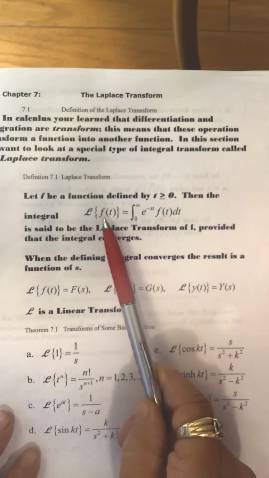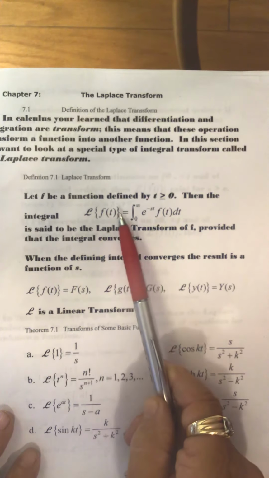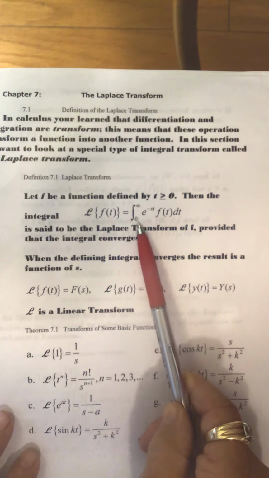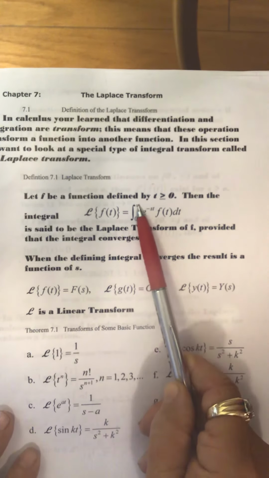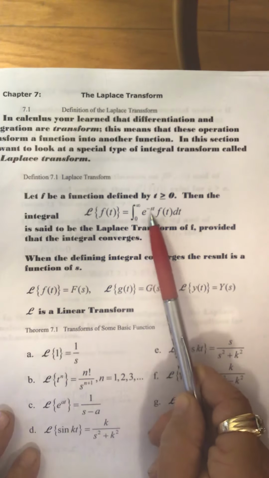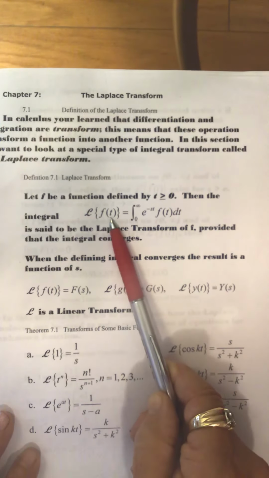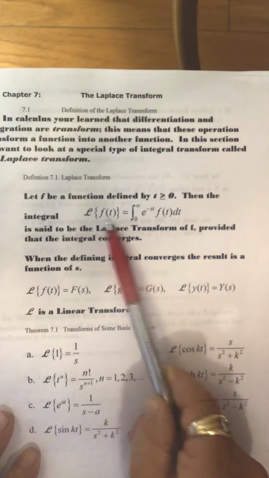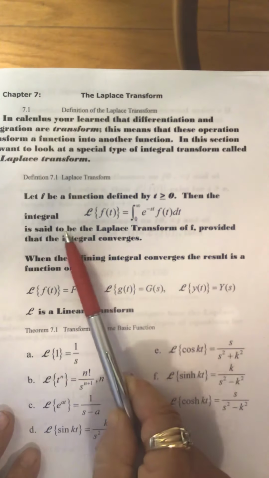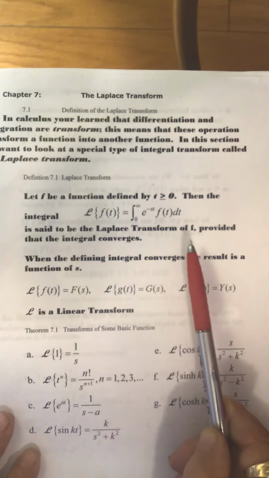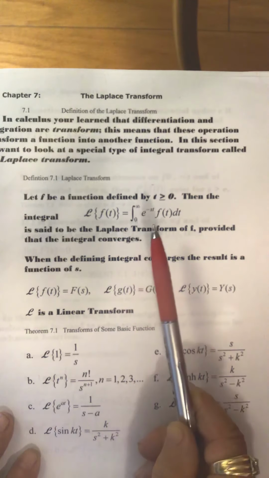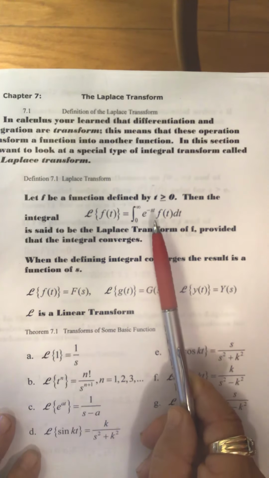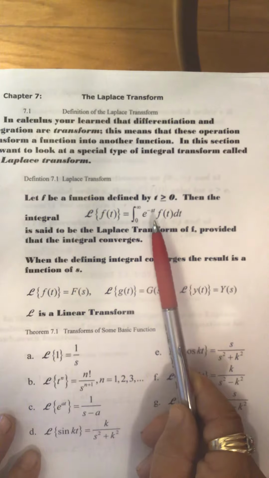Laplace, when you work on f of t, what you get is an improper integral from 0 to infinity of e to the minus st times f of t dt. This is said to be the Laplace transform of the function f, provided that this integral converges.